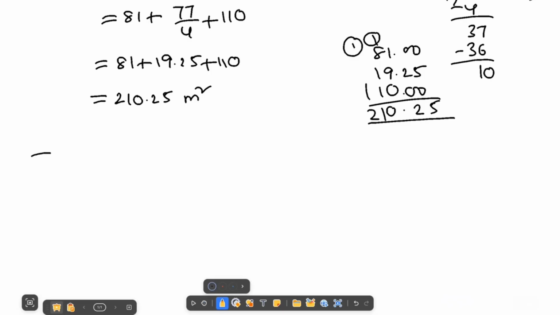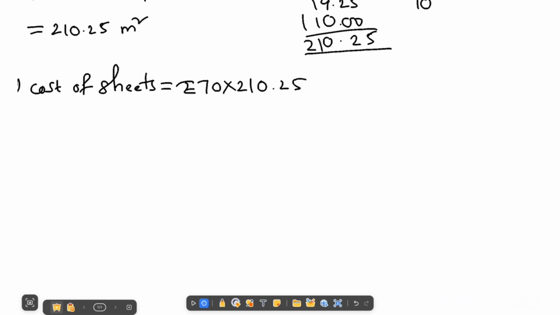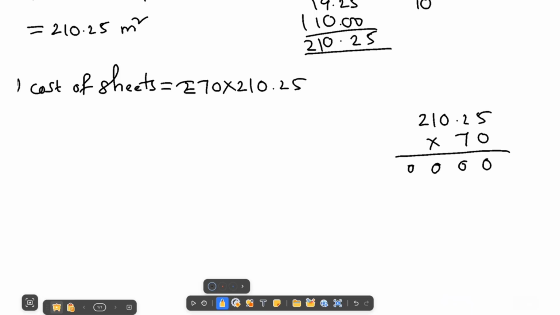So now the total cost of sheets is equal to 70 rupees into the total area, 210.25. Let's multiply 210.25 with 70. 0, 0, 0, 0, 0.